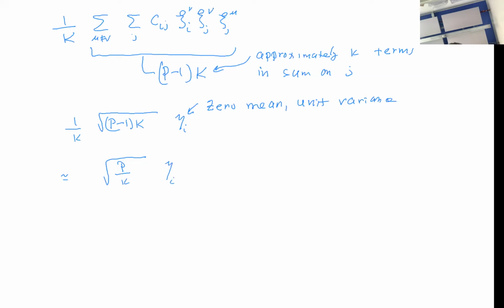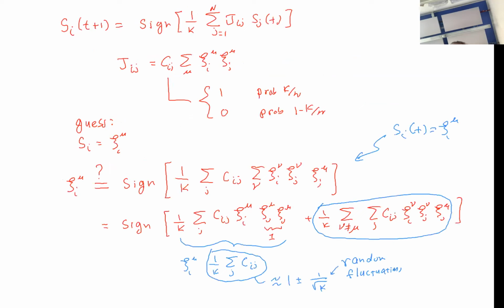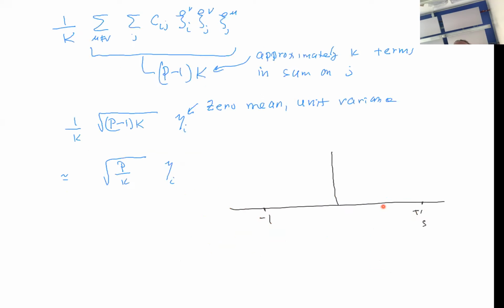So p is large enough so we can ignore the minus 1, p over k, eta I. So we have the following picture that's very similar to what we had last time. If we plot here S space, this is -1, and this is +1. And if we look at what goes inside this sign, there's a squiggle I mu times something that's about 1, and this noise term, which has some spread. So for different values of I, we're going to get a spread around here and a spread around here.